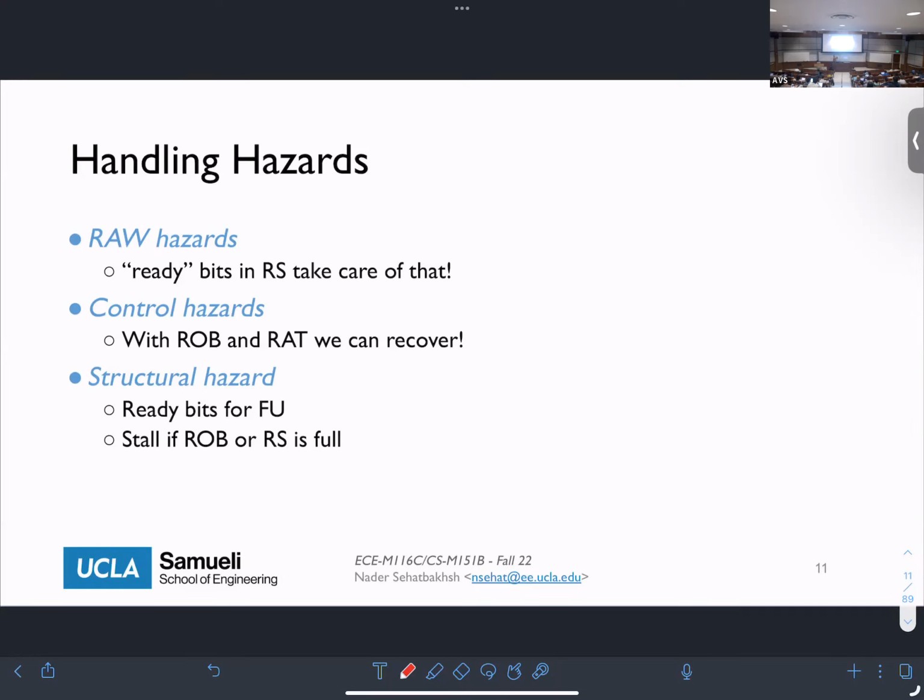We need to stall the decode and fetch stage, and then we continue the dispatch, the execution or issue units until they are complete and are at our retirement stage, right? So we basically stall the fetch and decode, and then we continue everything else. Sorry, this was for structural hazards.